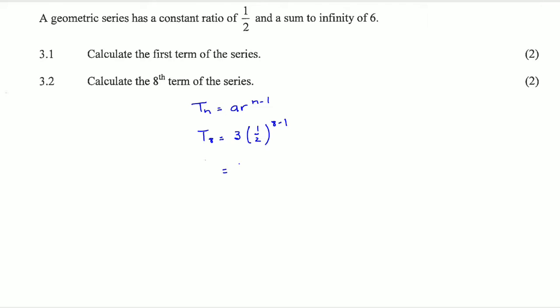That's 3 times half to the power 7, which is 3 times 1 over 128, which is 3 over 128. So term 8 is equal to 3 over 128.